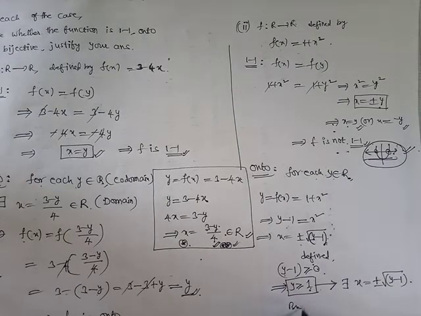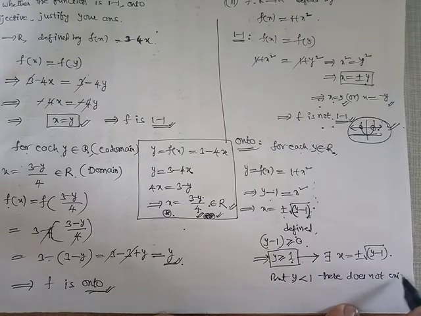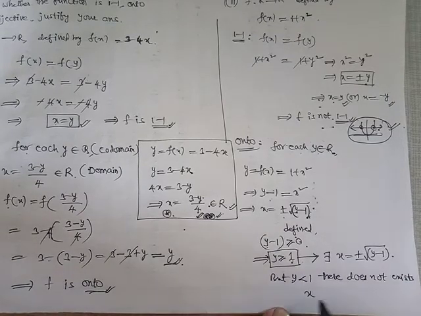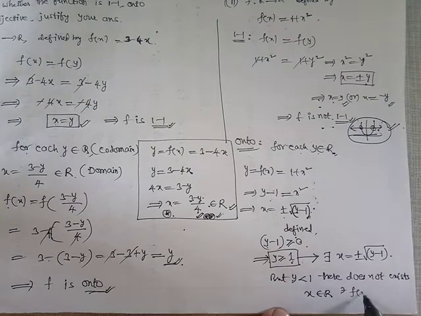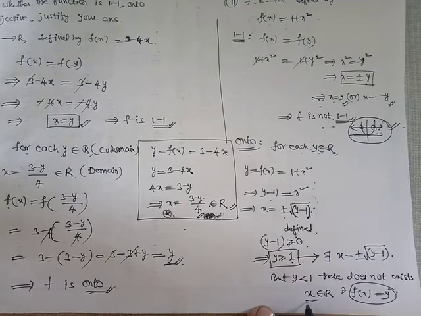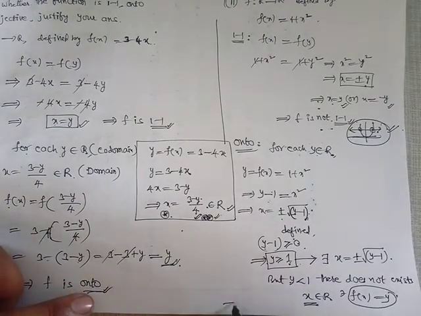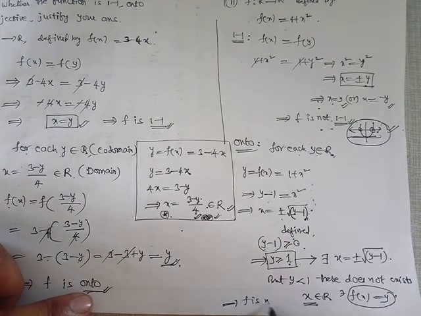But for y < 1, there does not exist an x value belonging to R such that f(x) = y. Such an x will not exist. So this implies f is not onto.